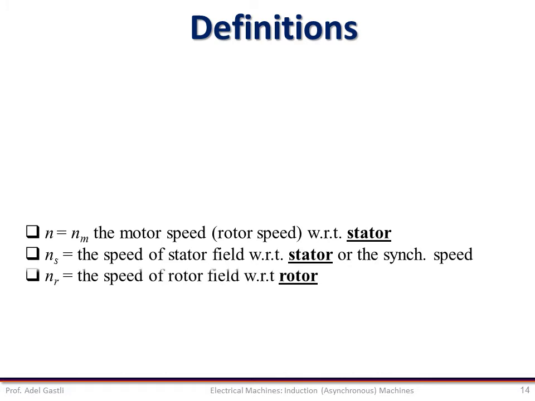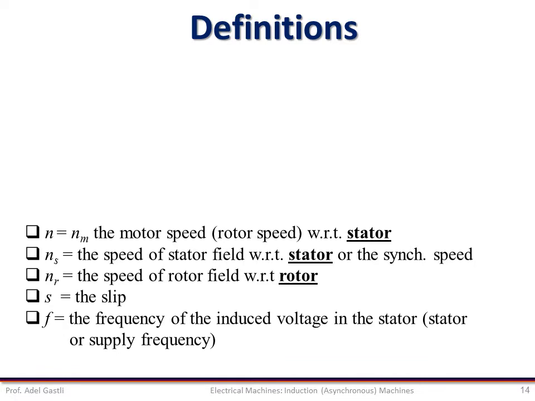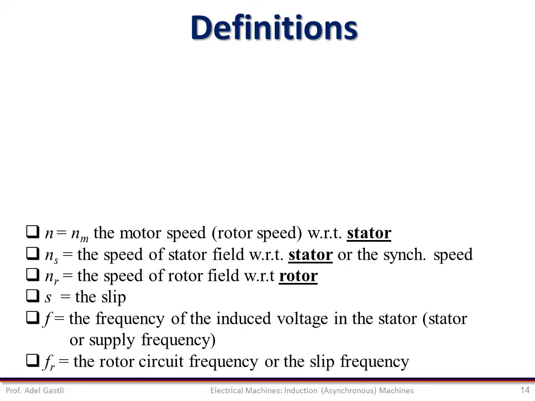And nr will designate the speed of the rotor field with regard to the rotor. s will designate the slip, f the frequency of the induced voltage in the stator or supply frequency, and fr the rotor circuit frequency or the slip frequency.